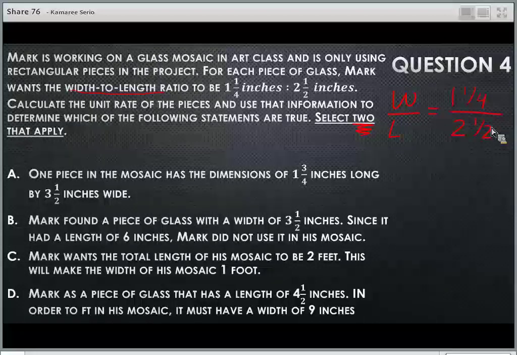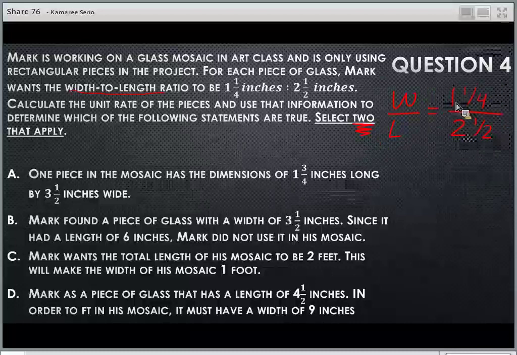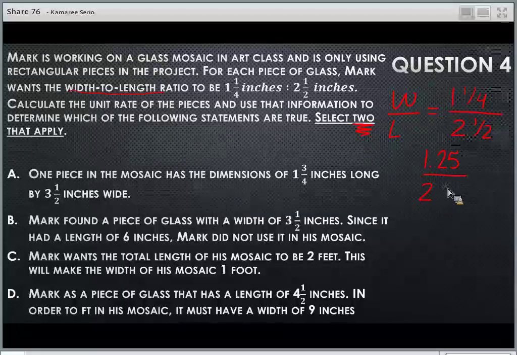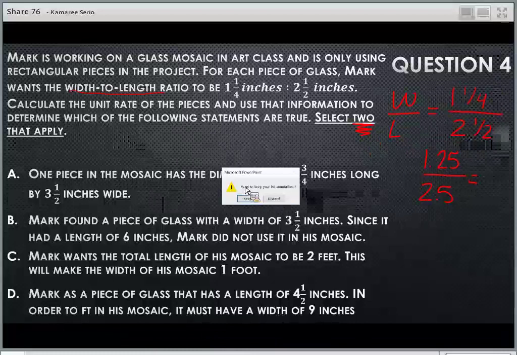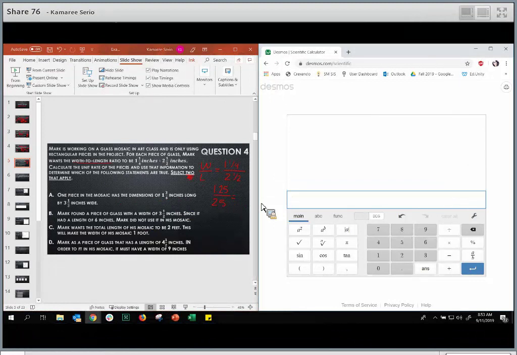Okay. So what I'm going to do here is take these ratios and just divide them. When I take this 1 1/4 and this 2.5, I'm going to convert those to decimals. 1.25 over 2.5. Now I'm going to divide these straight down. So I'm going to clear this, and do 1.25 divided by 2.5.